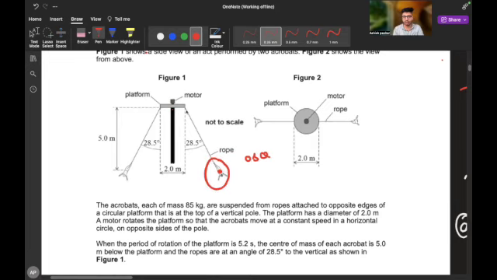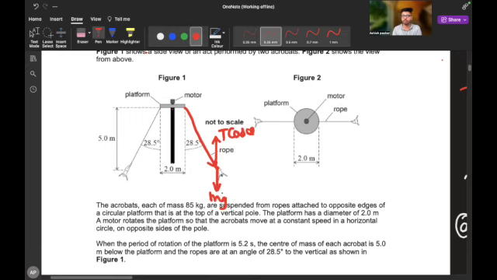Obviously on one side the tension force will increase, correct? Because mg is equal to T cos theta. The angle is not going to change, by the way. The angle is going to remain the same.